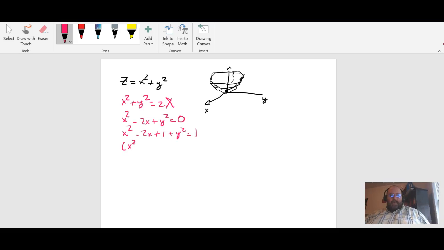It's going to give me x minus 1 squared plus y squared is equal to 1, which meant that this in 2 dimensions is this guy, right?